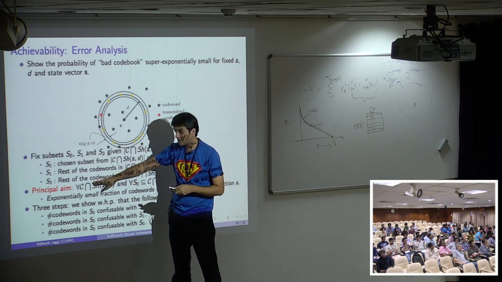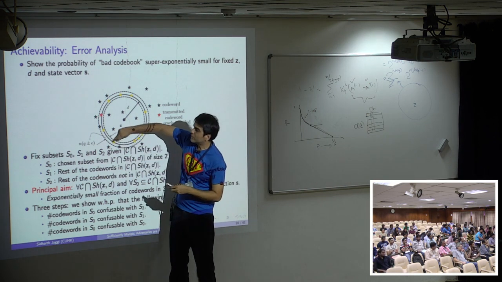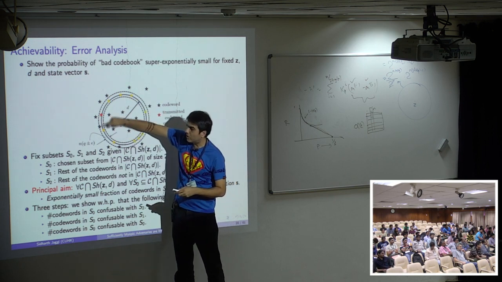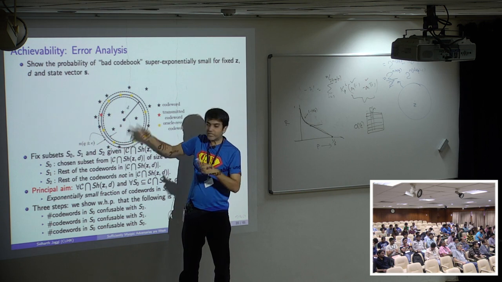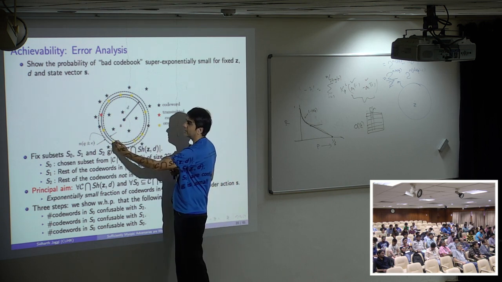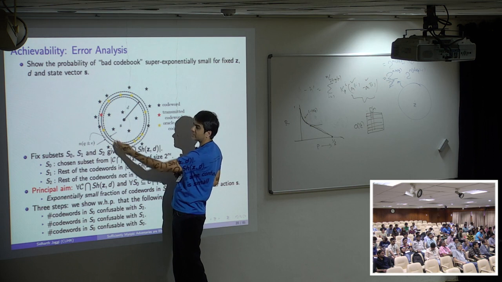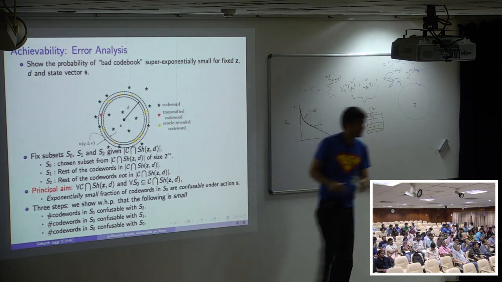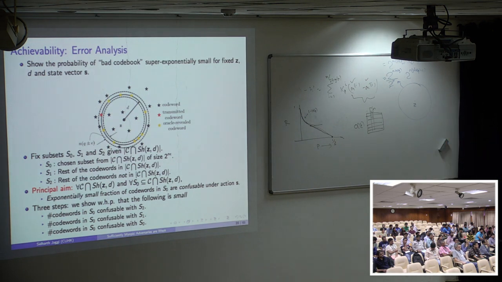So let's start with S2. There are these code words here on the shell, exactly, but there's a whole bunch of code words that are not on this shell, and potentially once you translate the truly transmitted code word by s, then something else is going to confuse it.